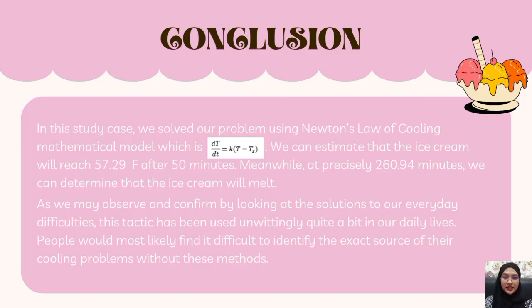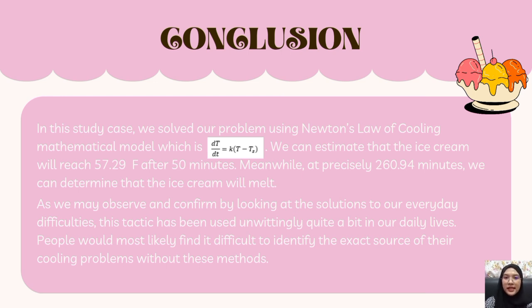For the conclusion, in this case study, we solved our problem using Newton's law of cooling mathematical model, which is dT over dt equals k(T minus Ts). We can estimate that the ice cream will reach 57.29 degrees Fahrenheit after 50 minutes.